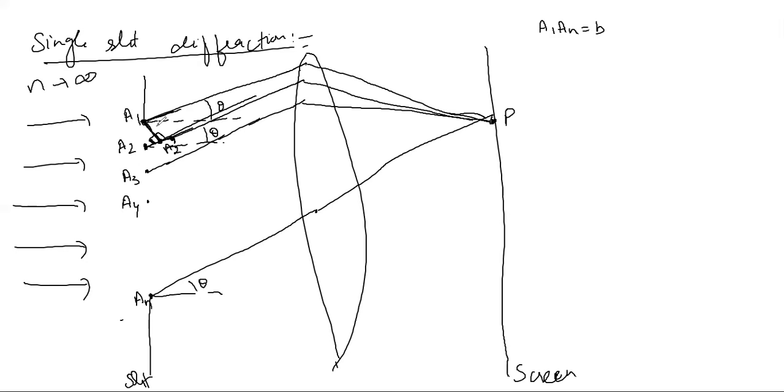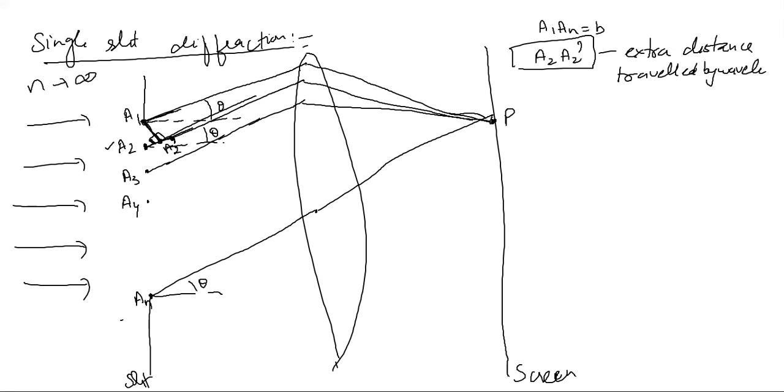That means whatever extra distance the wavelets that were starting from A2 are traveling, that extra distance is A2 A2 prime. That is the extra distance which is being traveled by wavelets starting from A2 as compared to A1.